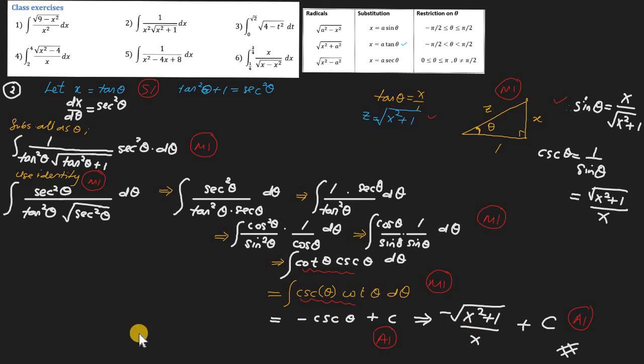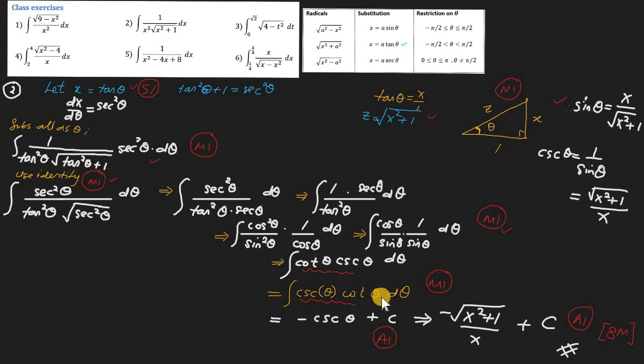Okay, let's compare answers. How many marks do you get? Here I give 8 marks for all the steps. Starting with the trigo substitution, change everything in terms of theta, no more x, using the identity, and then playing around with the trigonometry identity until you can get this portion.